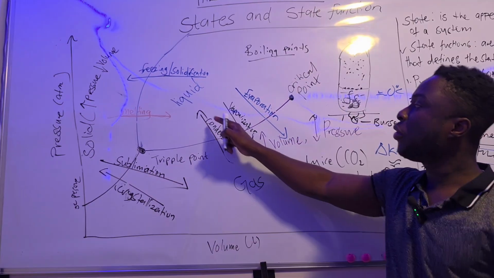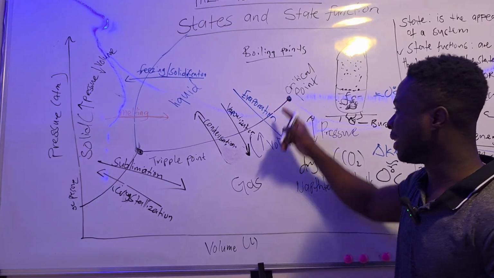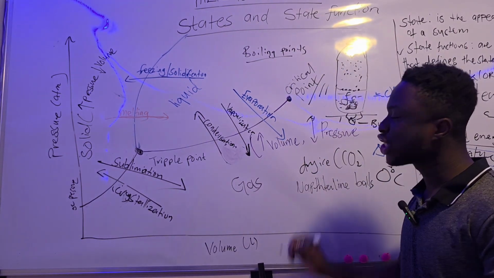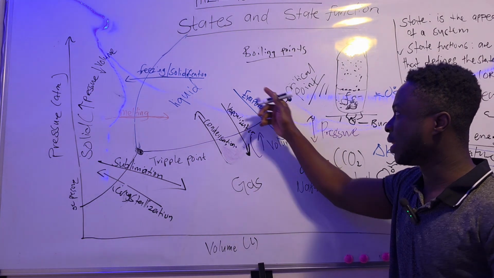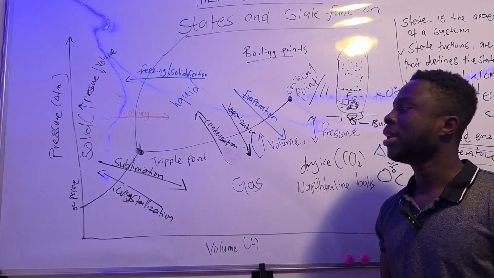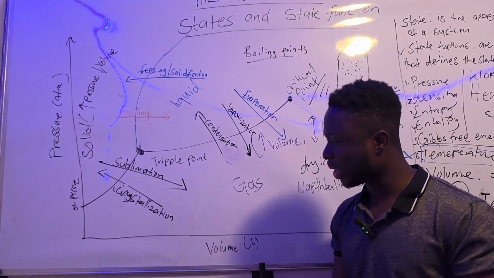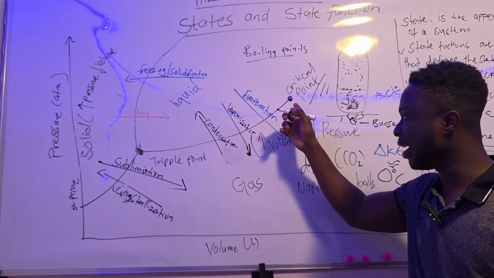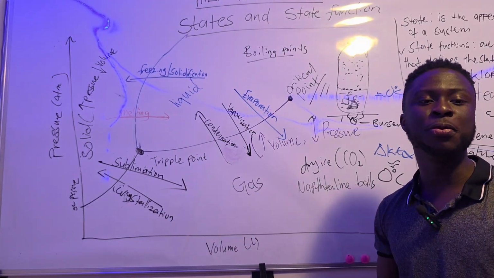At this critical point, the system is both liquid and gas at the same time. The name that we give to substances that exist at this place is supercritical fluids.